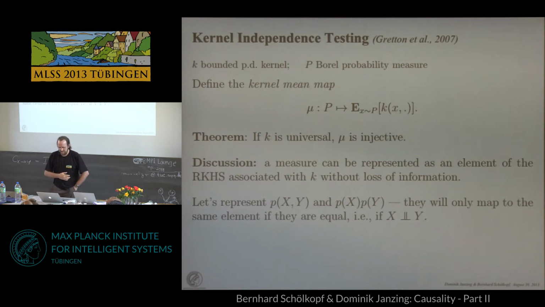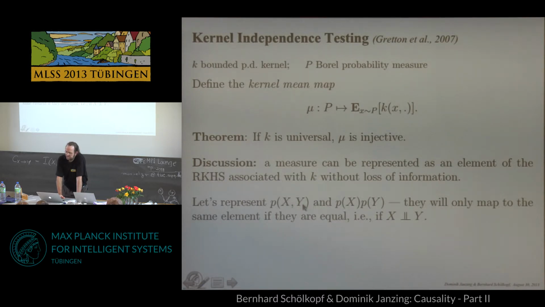With a dot product, we can do all sorts of nice things in there, and for instance, we can formulate statistical independence measures and tests like this. The way we are going to do it is we map a joint distribution.